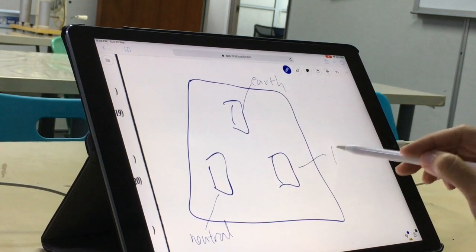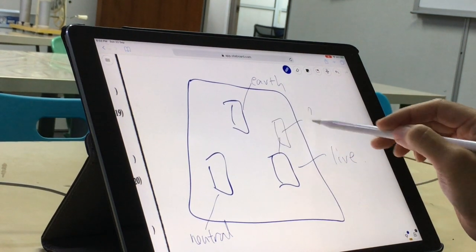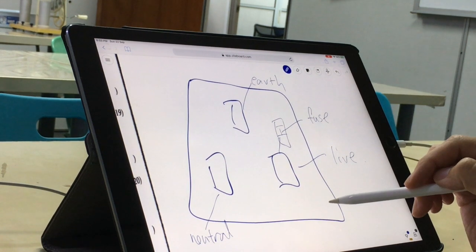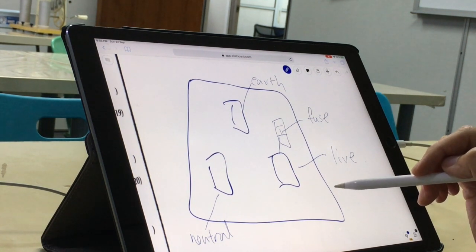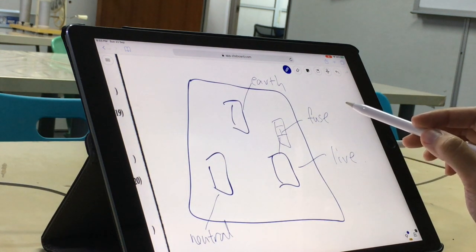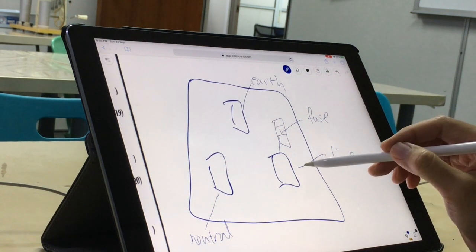And this one is the live, right? Then live connects to the fuse. The fuse is not another hole, right? No, it's not. It's just a fuse. So the live is connected to the fuse.